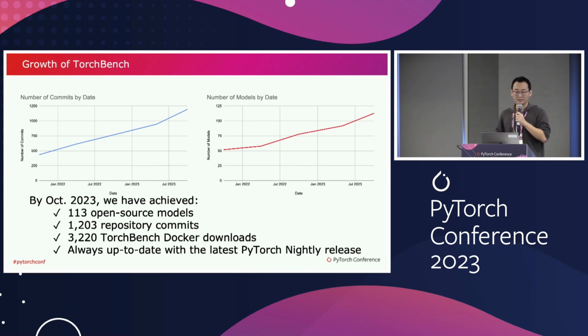We are currently maintaining this repository to make sure that it is always up to date with the latest PyTorch nightly release. Actually, we have fixed a couple of bugs from the dependencies of these models, so that they can respond to their incompatibility with the PyTorch nightly release as soon as possible.